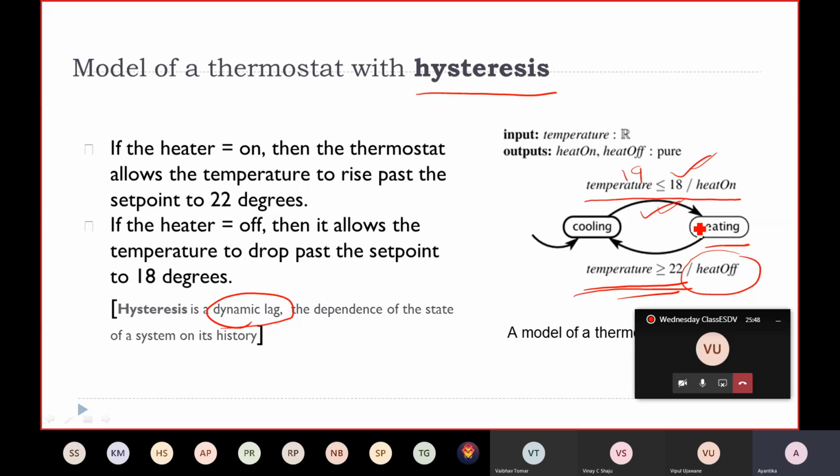can be stable. And with this, allowing some hysteresis, what I'm allowing is that in spite of the fact you have crossed the set point, or when you are going lower than the set point, still we are allowing the system to maintain its history and to stay in a particular state.